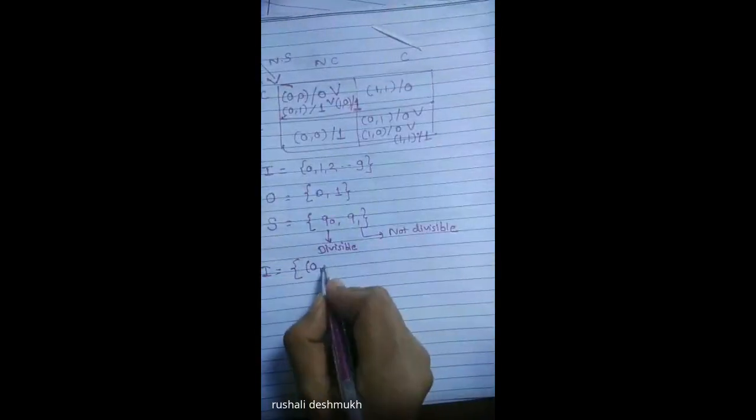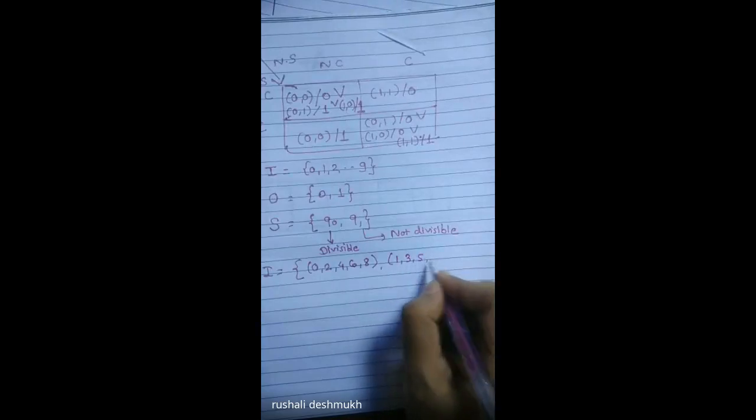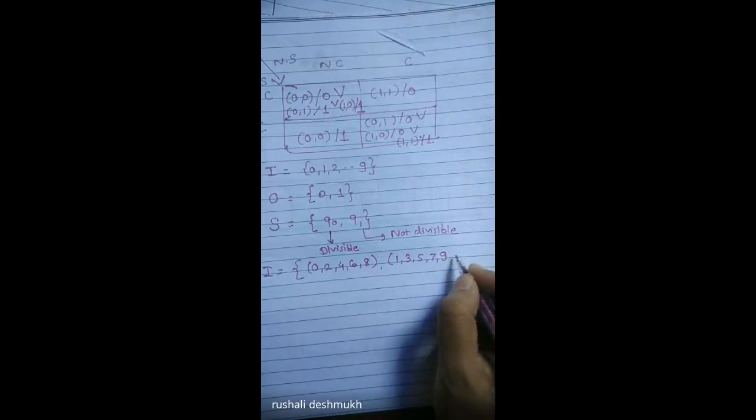We know that 0, 2, 4, 6, 8, all of these are divisible by 2, and the remaining 1, 3, 5, 7 and 9 are not divisible.